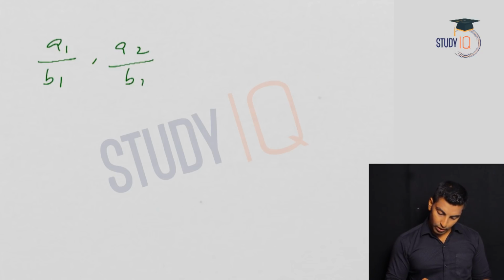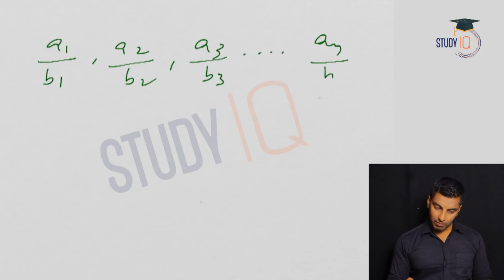Now another property is, see, if you have some unequal fractions, like some ratios, all are not equal. So like A1 by B1, A2 by B2, A3 by B3, etc., up to AN by BN, and these are unequal fractions.